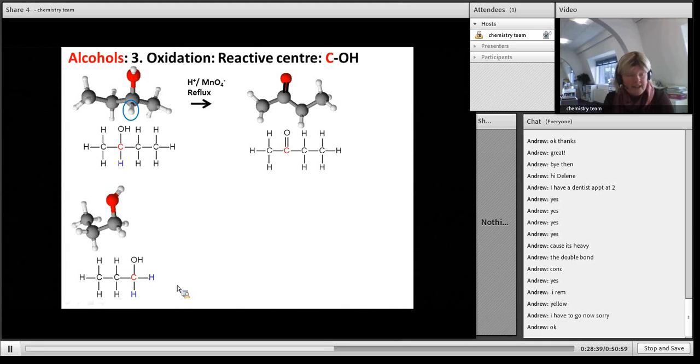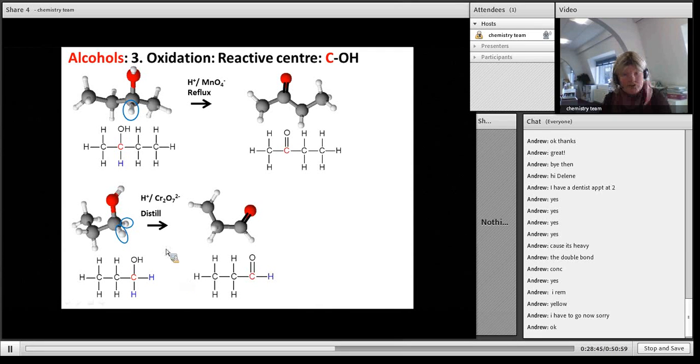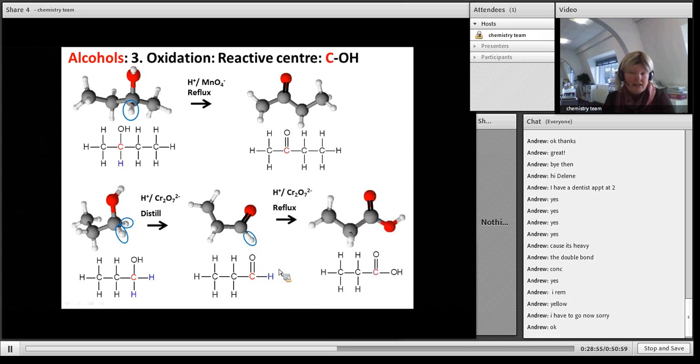So it can actually be oxidized twice. So I can take it, treat it with dichromate, and remove one of those hydrogens. And if I continue to heat it, or react the aldehyde, I can oxidize it all the way to the carboxylic acid.